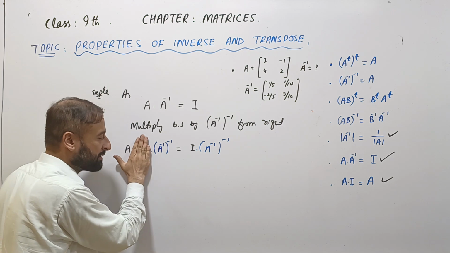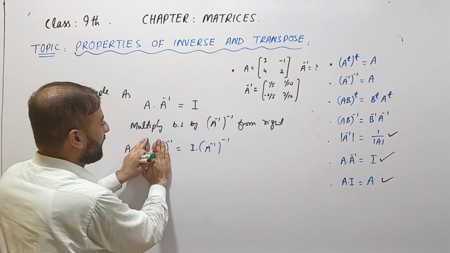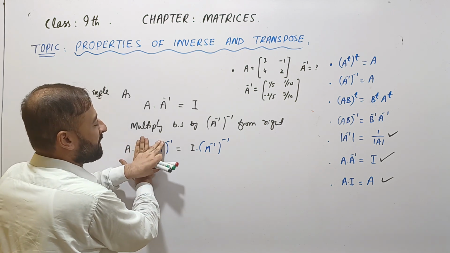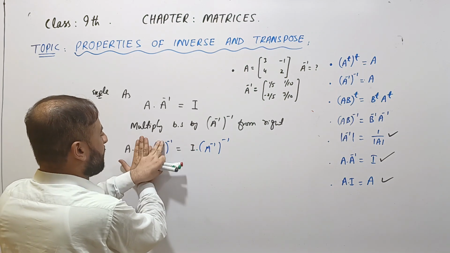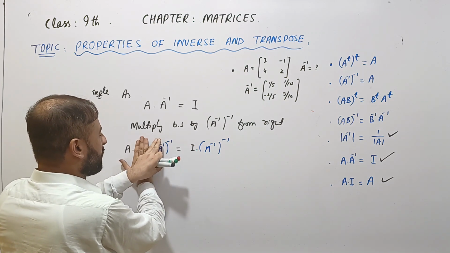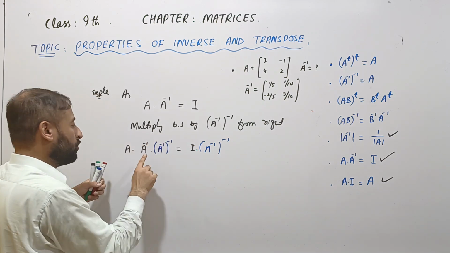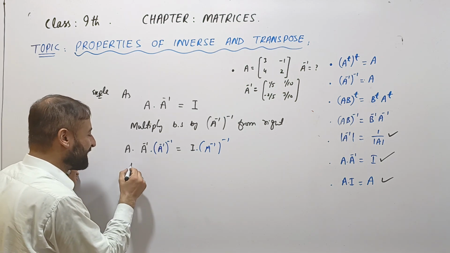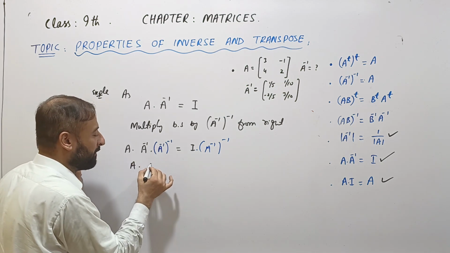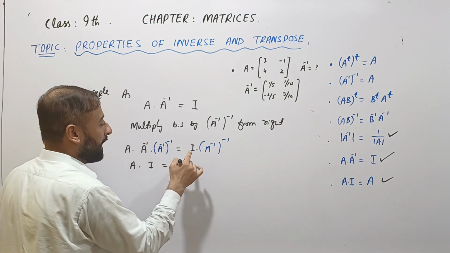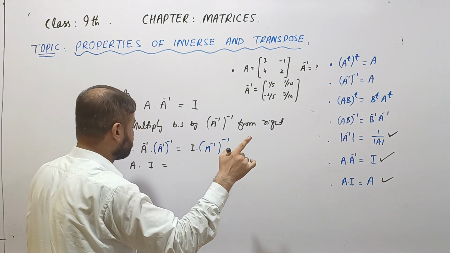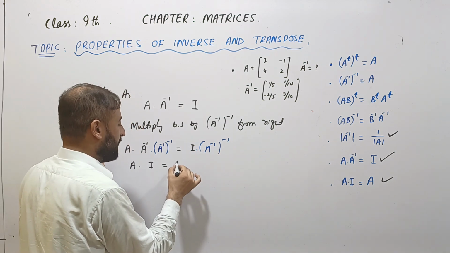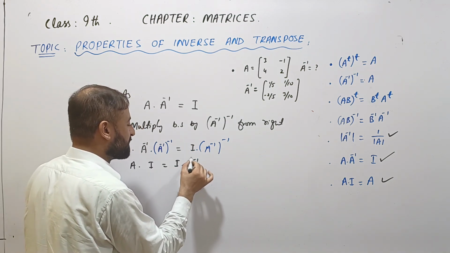So we have A inverse multiplied by this, this is matrix, this is inverse of the matrix. Suppose this is M inverse. A inverse into A inverse inverse. So the product of matrix and its inverse will always give you identity. And identity into A inverse whole inverse.